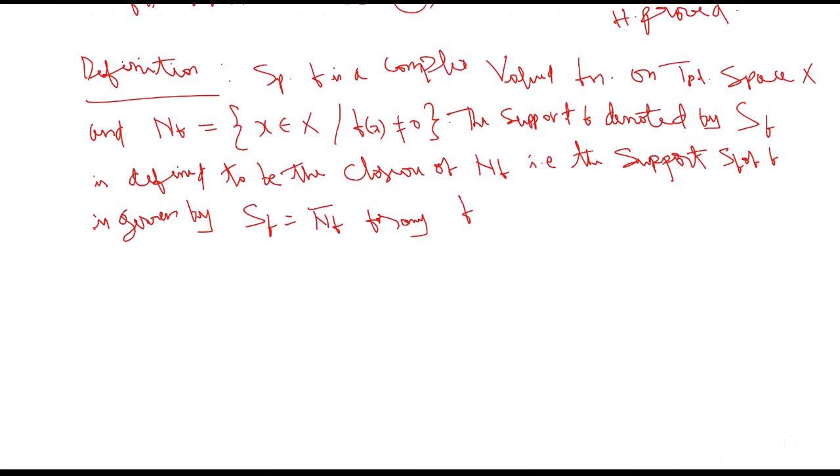Suppose X is a topological space. TP means topology, TPL means topological space.